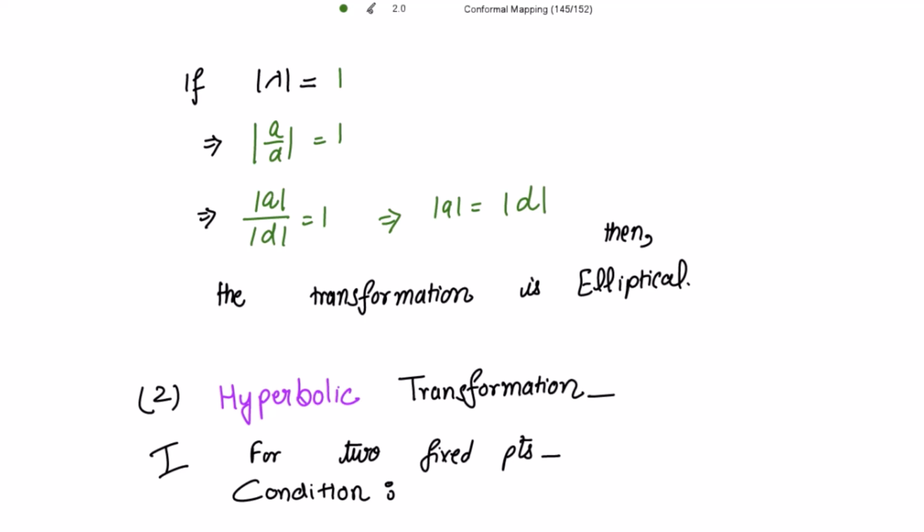Next is hyperbolic transformation. For the hyperbolic transformation, first case for the two fixed points, that is alpha and beta. For the two fixed points, the condition is c is non-zero and discriminant is also non-zero.